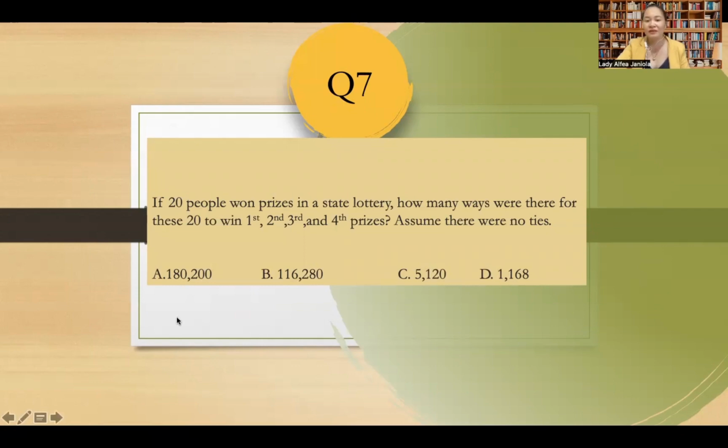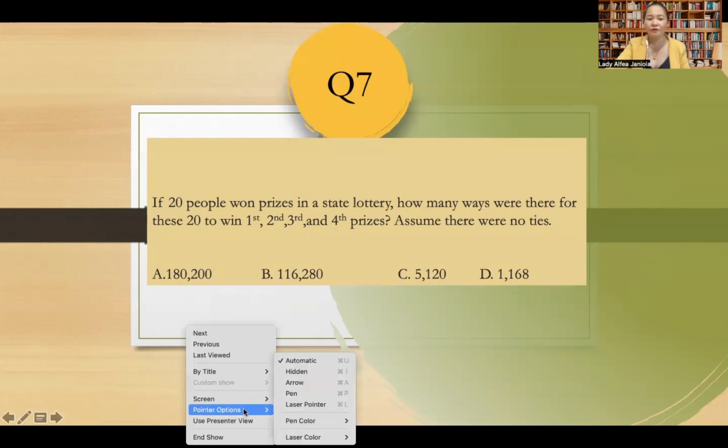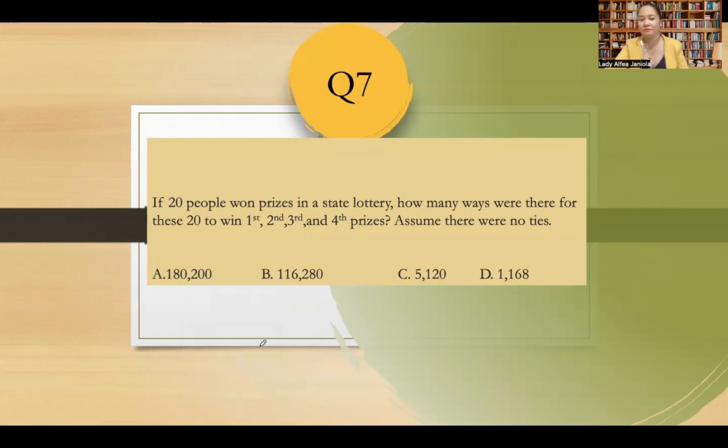So we have 20 permutation taken 4, that is nPr, 20P4. So the answer is letter B, 116,280.